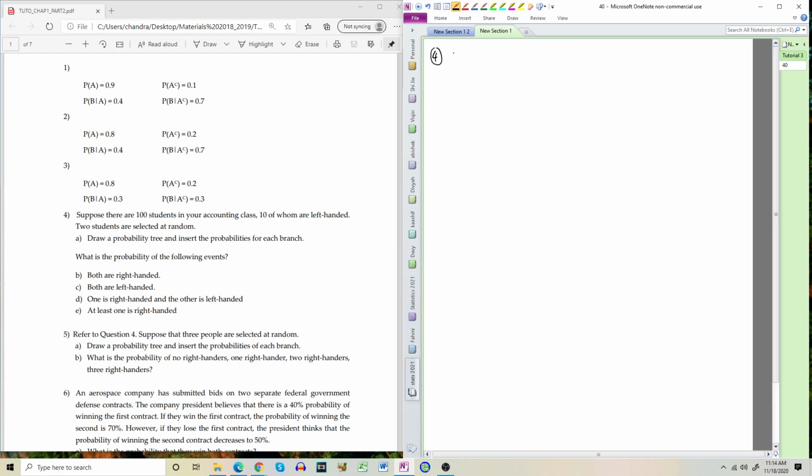So the probability of left-handed, I suppose you guys can do it, it's very easy, 10 out of 100. I just leave it like this because later on there's something to do with this. And 2 students are selected at random. Draw the probability tree and insert the probability for each branch.